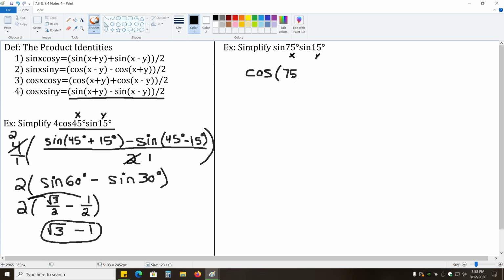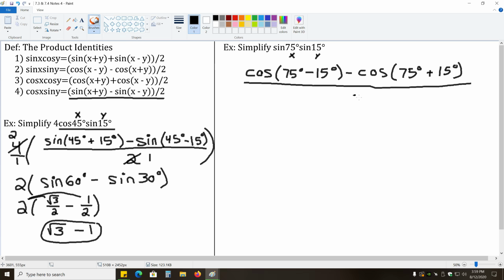y is 75 degrees minus 15 degrees, minus cosine of x plus y is 75 degrees plus 15 degrees, all over 2.